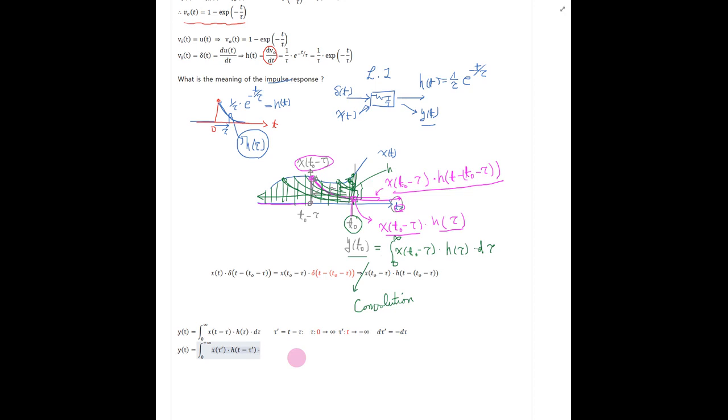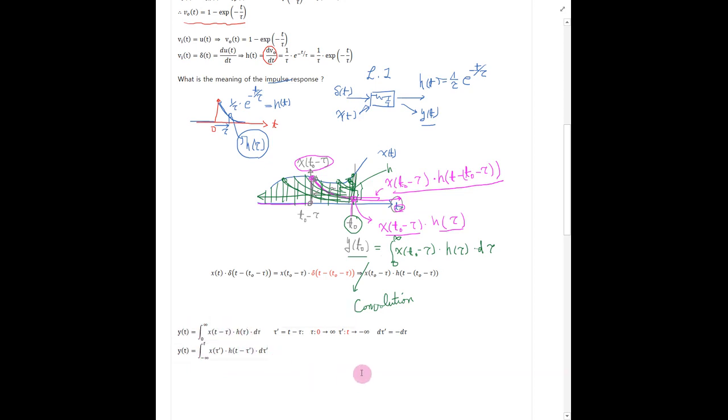Note that d tau prime and d tau have opposite signs, so we have to change the integration direction. I'm sorry, it's from minus infinity to t. This integration equals this one.